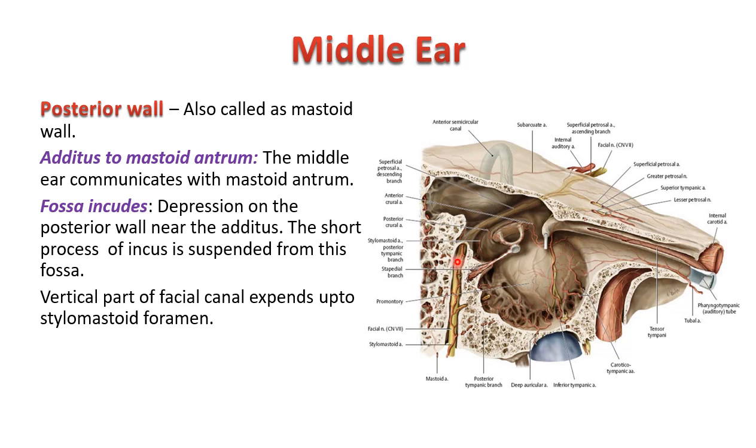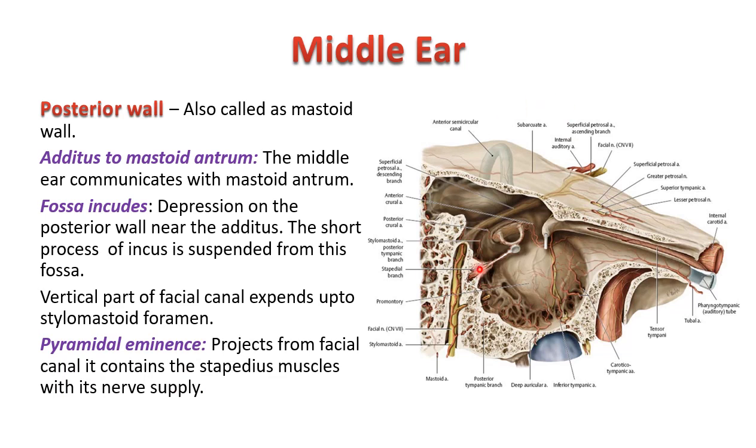You also have the fossa incudis, a small depression near the aditus. The short process of the incus will be suspended from the fossa incudis by a ligament, which we will discuss when we pass on to the ear ossicles. Then you see a bony projection called the pyramid, which is pyramid in shape.